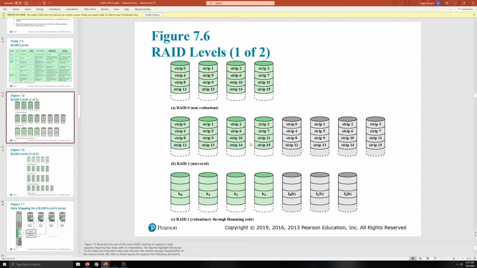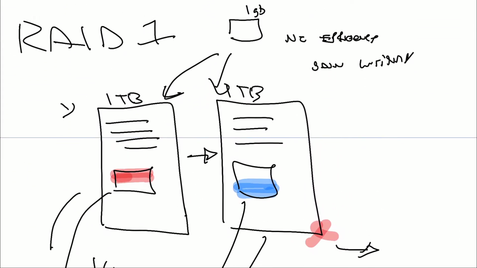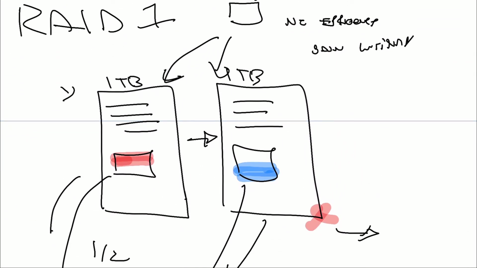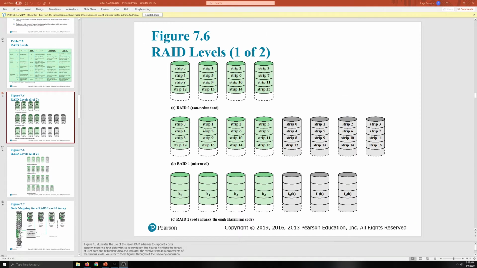I guess I didn't quite mention that, but you can have that with RAID 1, where the way that I showed it on the iPad is that the entire file is copied over, but you can still do the striping with RAID 1. You just have to mirror all of the stripes as well into their own drives. So you can see that it's literally a duplicate. Every drive has an exact duplicate, a mirror version of it.